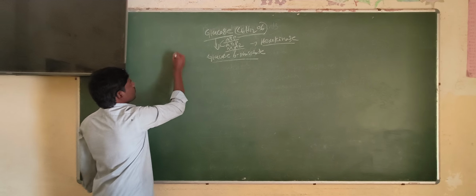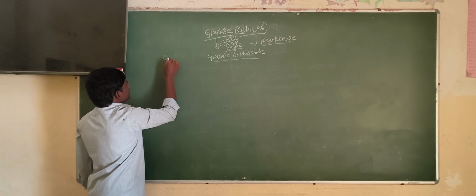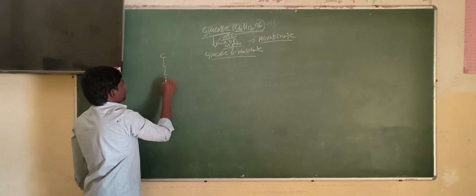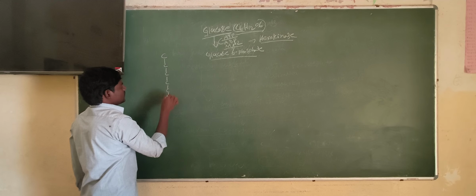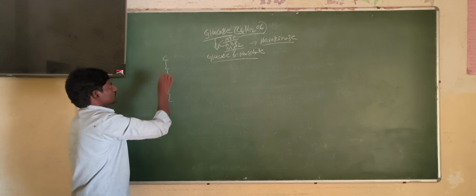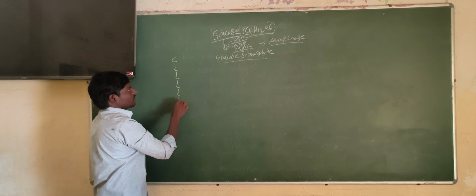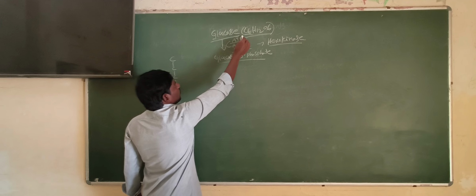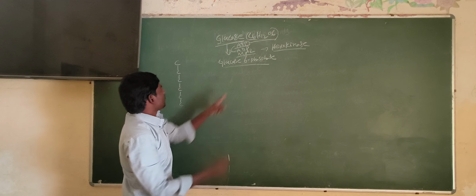Let us see an example. Glucose has 6 carbons: first, second, third, fourth, fifth, sixth. One phosphate is removed from ATP, and that removed phosphate is attached to the 6th carbon place.